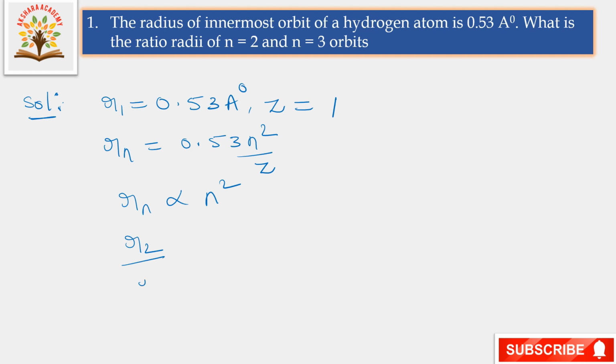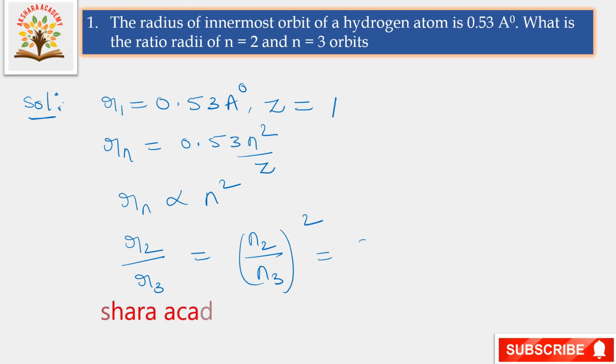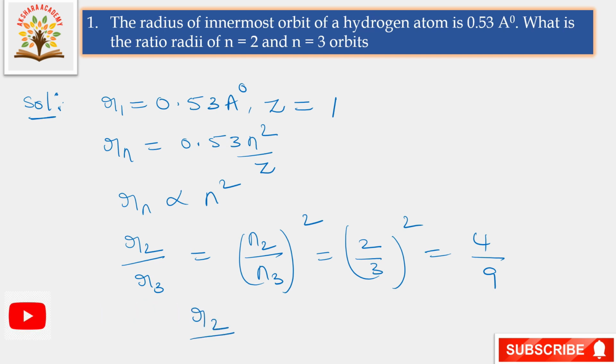So R2 by R3 is equal to (n2 by n3) whole square, that is equal to (2 by 3) whole square, that is equal to 4 by 9. So the ratio of radii of n equals 2 and n equals 3 is 4 by 9, or 4:9.